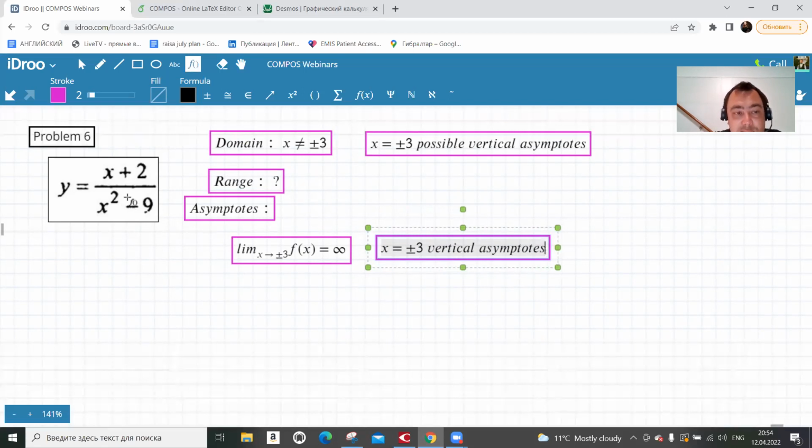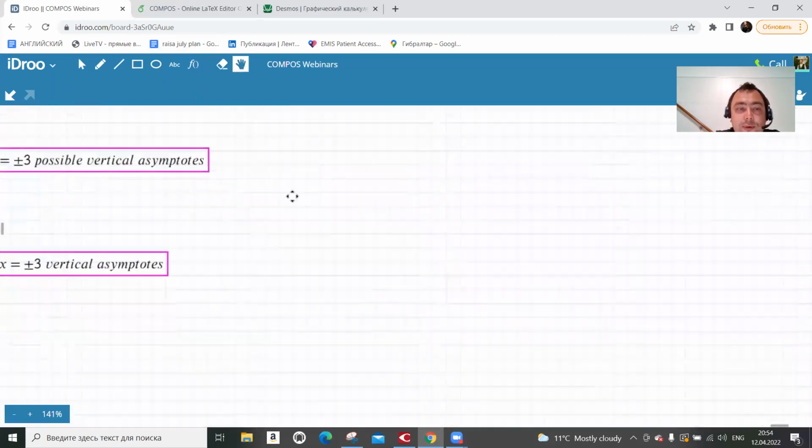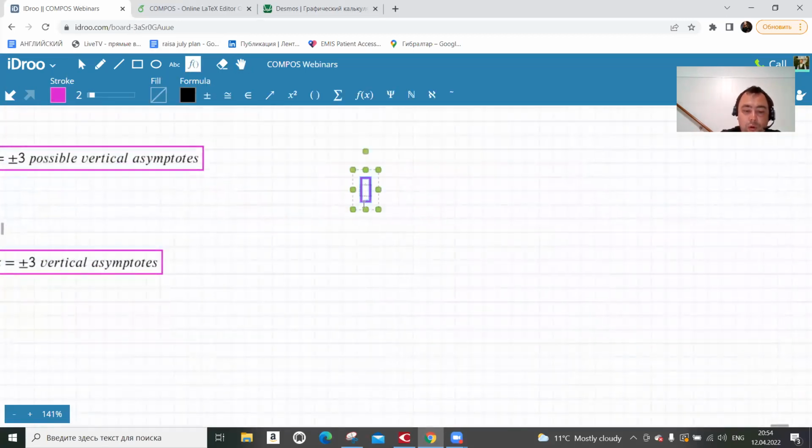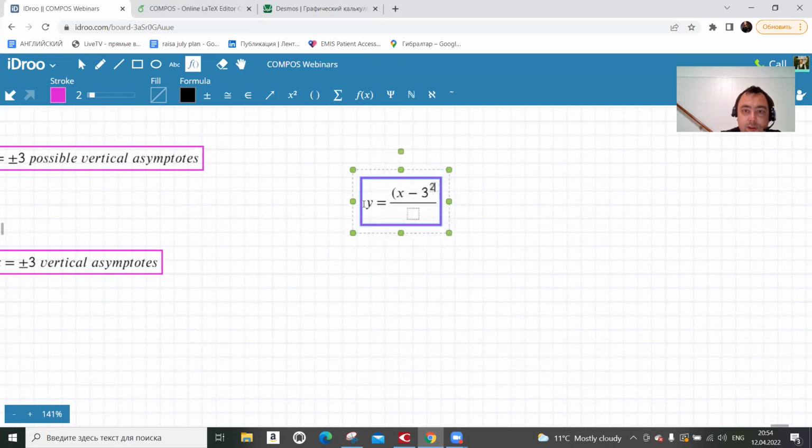Usually, if the denominator is 0, then it's a vertical asymptote. I can give you an exception. For example, y is equal to x minus 3 squared divided by x minus 3.